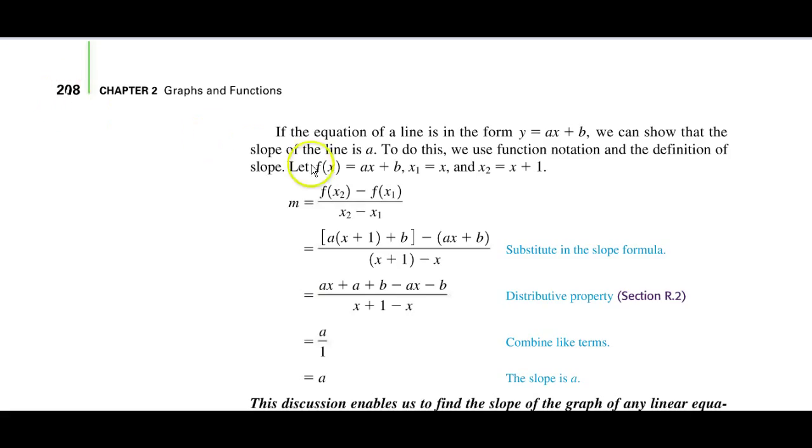So if you have an equation, and they're giving you lots of stuff here, and I'm just going to summarize it for you, that's in slope-intercept form, whatever the coefficient of x is, when it's in this form, this is your slope.